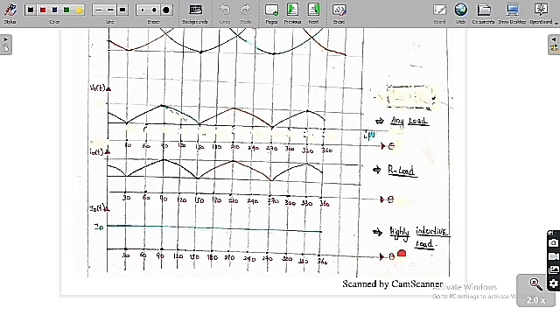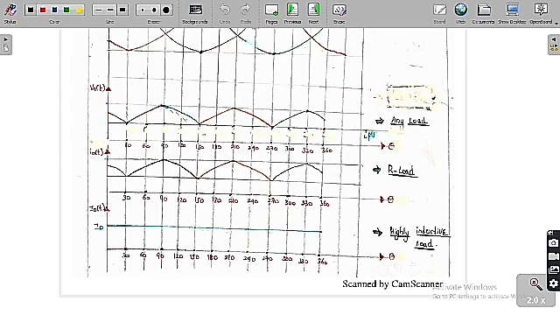Suppose now I assume a highly inductive load. For a highly inductive load, the current will always be constant with respect to time, with the value I naught. But no matter whatever the load, the output voltage will always be in this shape.